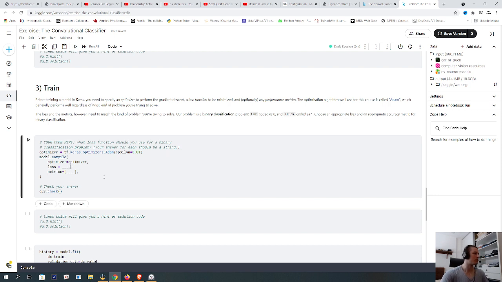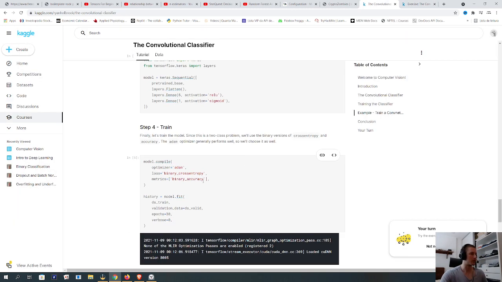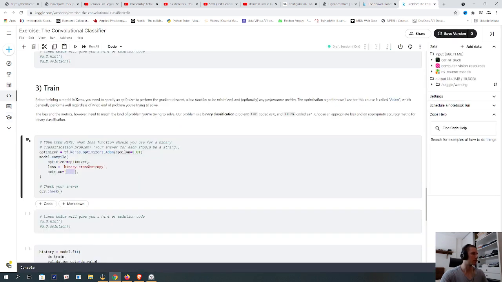Loss is gonna be binary cross entropy. Binary classification. And I forgot the metrics. I think it's binary cross entropy as well. Binary accuracy. It's underlined.